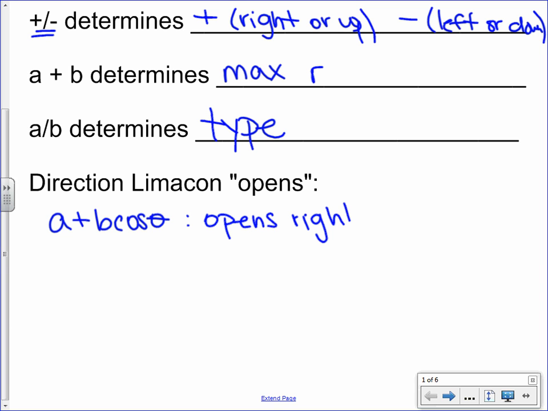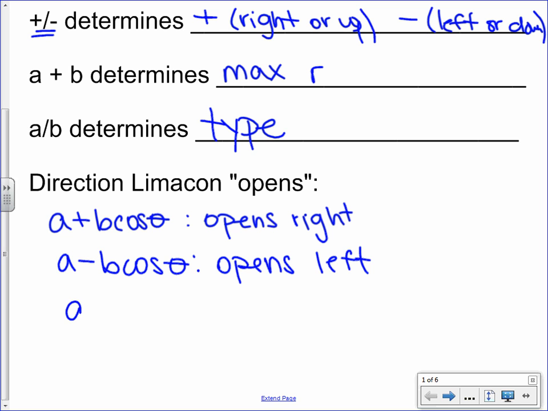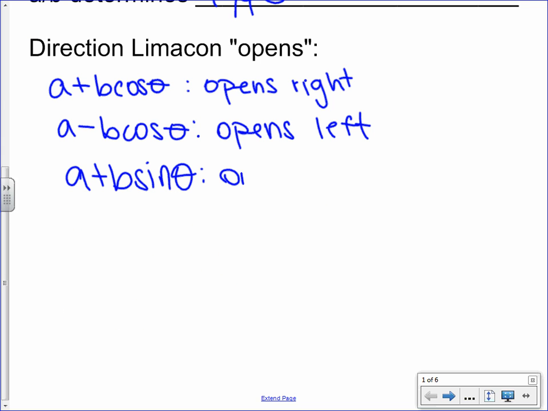If we have a minus b cosine theta, then the majority of our graph is going to be where? To the left. a plus b sine theta, where's the majority of our graph going to be? And a minus b sine theta.